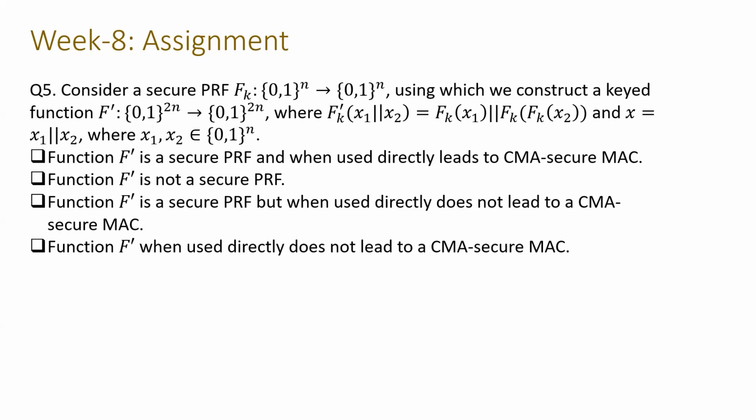So what the adversary can do in the construction of F dash is first query with some x1 concatenated with x2, some strings x1, x2 chosen by the adversary, and see the output. Then it can query with some x3 concatenated with x4, say, and see the output. And then it queries with x1 concatenated with x4.